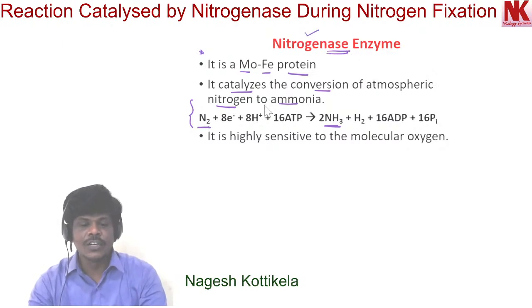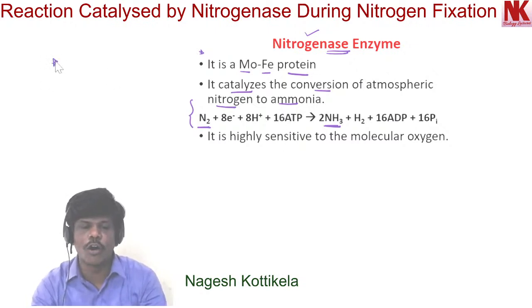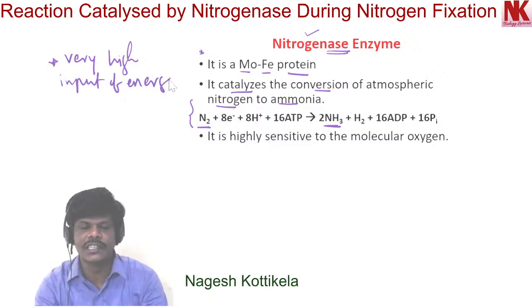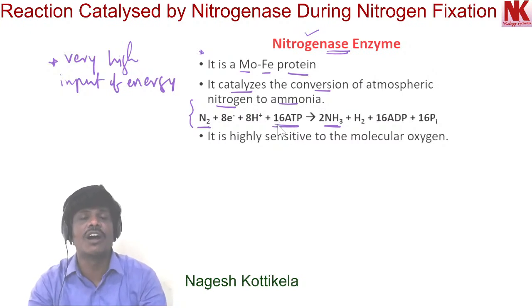One very important aspect is that ammonia synthesis by the nitrogenase enzyme requires a very high input of energy. Here you can see that for the formation of two ammonia molecules, 16 ATPs are required.